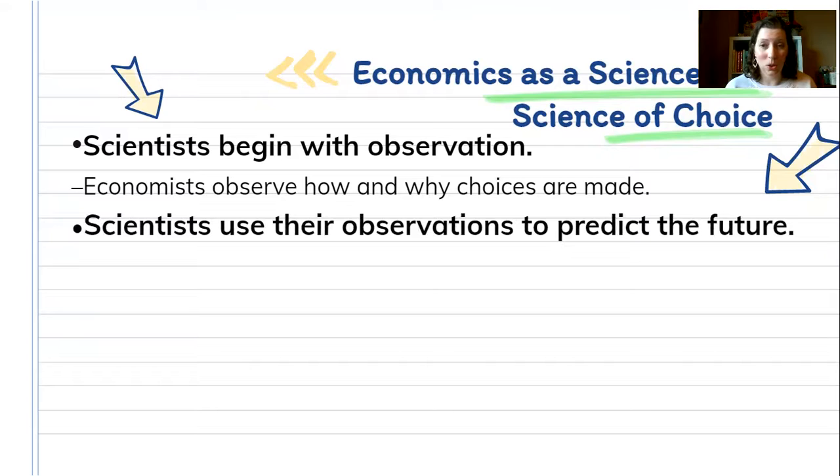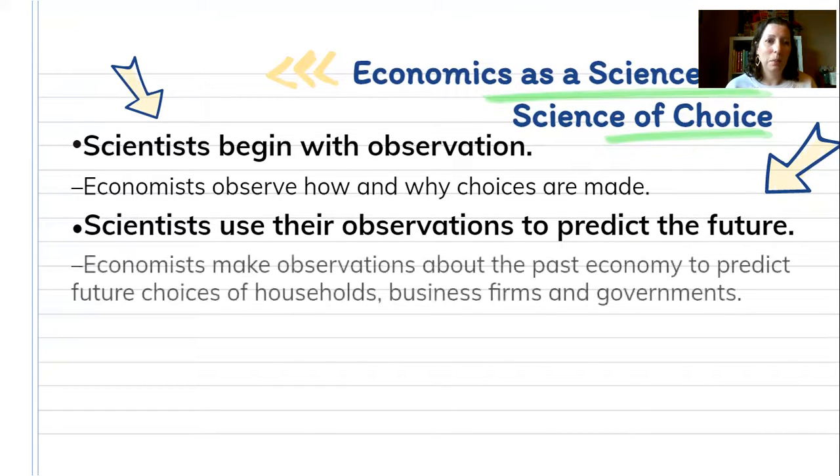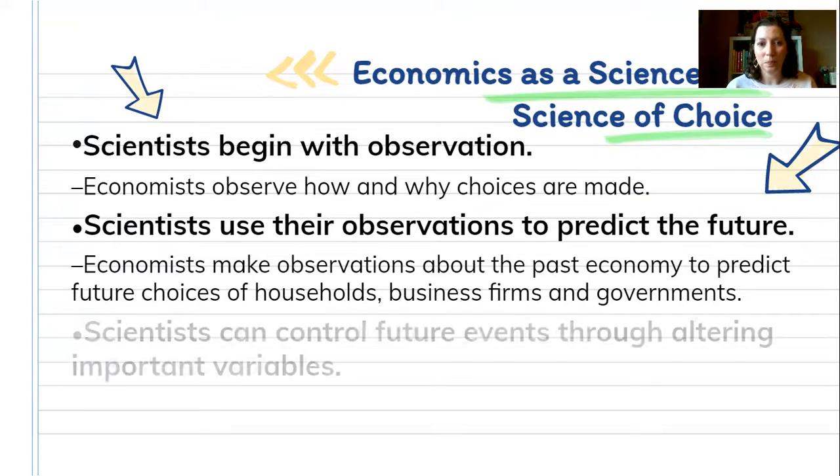And then they use those observations to help predict events in the future. They make observations of people's past actions and how the economy has worked in the past to then predict future choices of households, businesses, and governments.